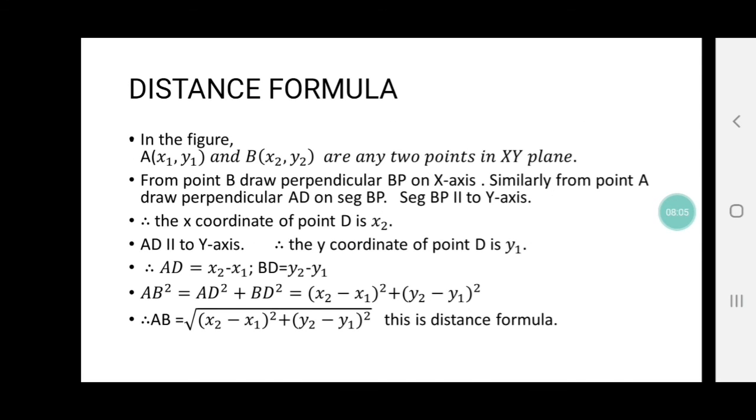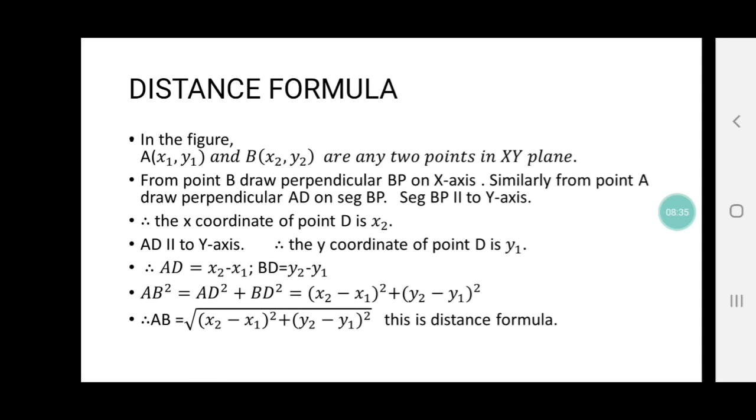Now when I'm talking about the distance formula, in the figure, A is representing the coordinate (x1, y1) and B is representing (x2, y2). These are points in an xy plane. From point B, draw the perpendicular BP on the x-axis. Similarly, from point A, draw perpendicular AD on segment BP, as BP is parallel to the y-axis.